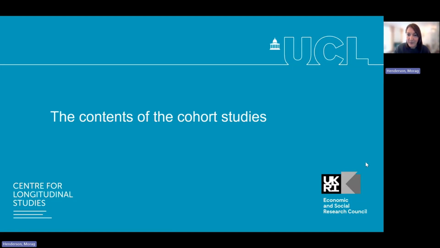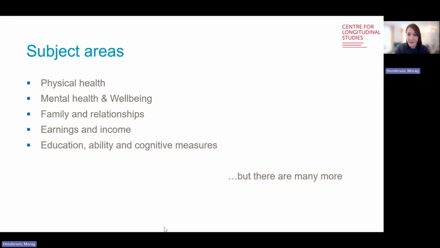So you can think about these variables as being the predictor or the outcome variable. And obviously I'm focusing on these particular subject areas, but there are many, many more. So please put in the chat if you have questions about the contents, but I'm also going to show you how to best search these resources for any particular variables you're interested in yourself.